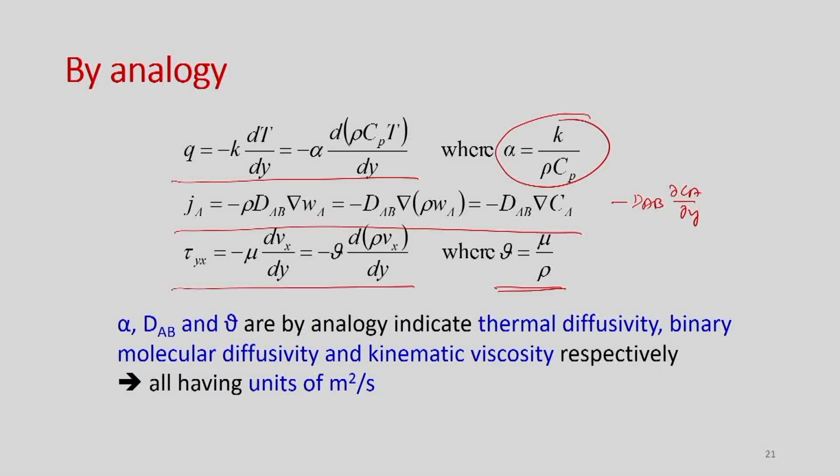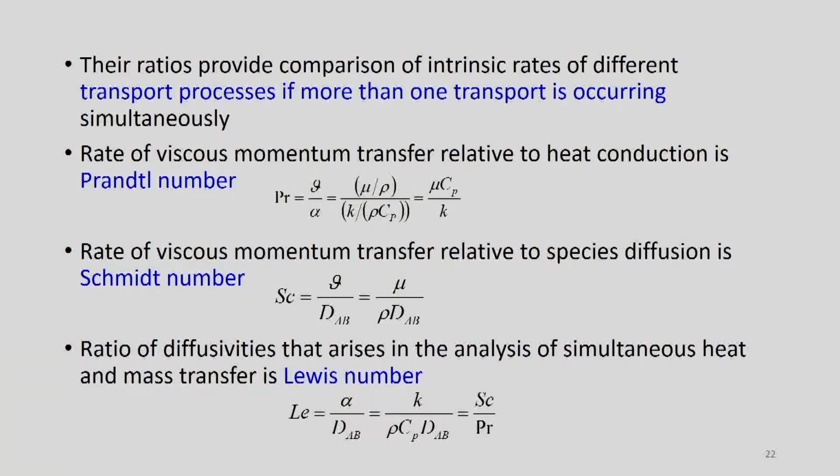So, we can see by analogy that this alpha, this dAb and this nu are known as the thermal diffusivity, binary molecular diffusivity and kinematic viscosity, and all of them have units of meter square per second. There is an analogy between these. So, what is the benefit of this? Their ratios provide a comparison of the intrinsic rates of different transport processes if more than one transport is occurring simultaneously.